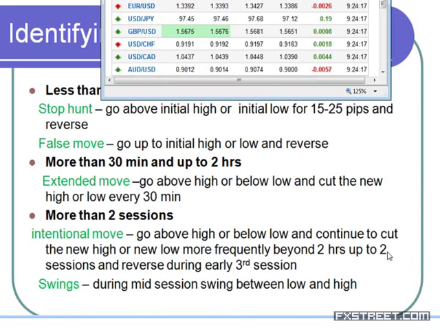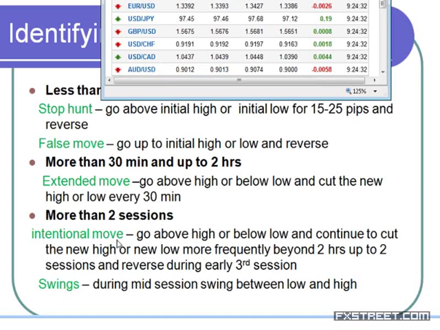That means they wanted to extend it up to 2 sessions. So they went above the initial high at the start of the European session. In the European and US sessions, they will continue to gain levels in the case of GBP. And in the third session, the next day's Japanese session, they will make a very quick upward stop and then reverse.